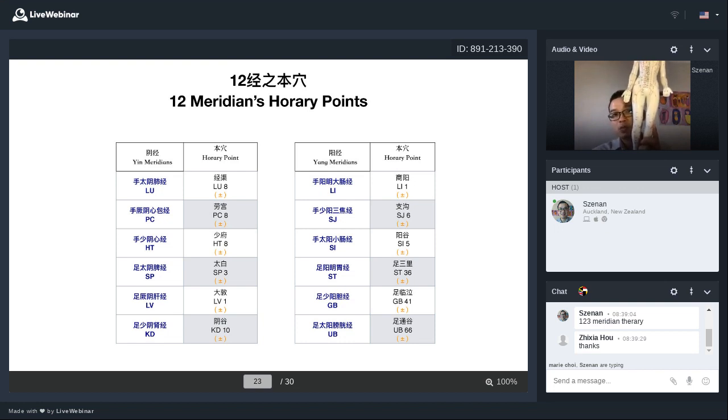So 12 magical points, only 12 needles. A needle over here. If you don't know how to check the pulse, you can still use 12 magical points, and it still works for that. Well, but if you know how to do pulse, then it'll work even better. Okay, it'll work even better. So 12 magical points, I tested out already. These points are working as well.